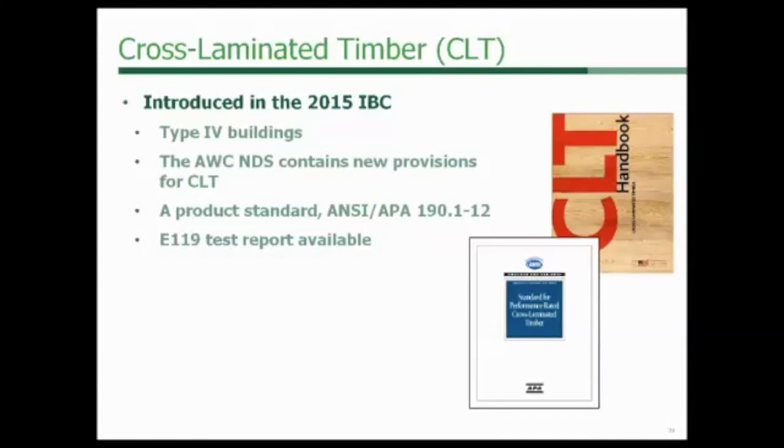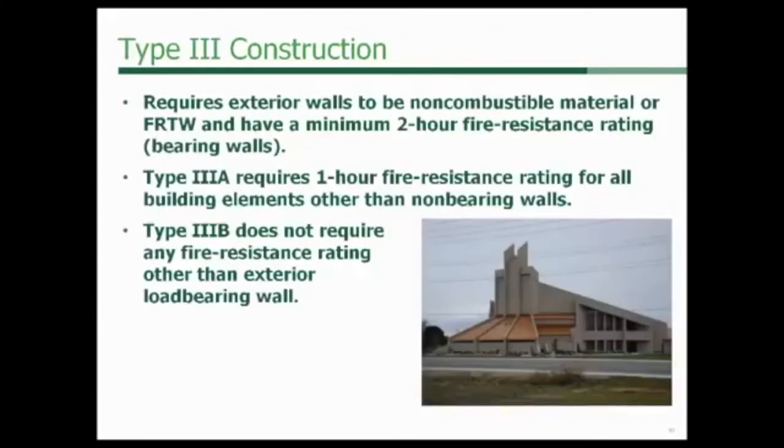Type 4, you can use it with specific provisions regarding exterior walls. There are test reports available for fire resistance testing, and they are also ongoing. If you have questions about type 4 construction, of course, anytime we're more than happy to answer those.